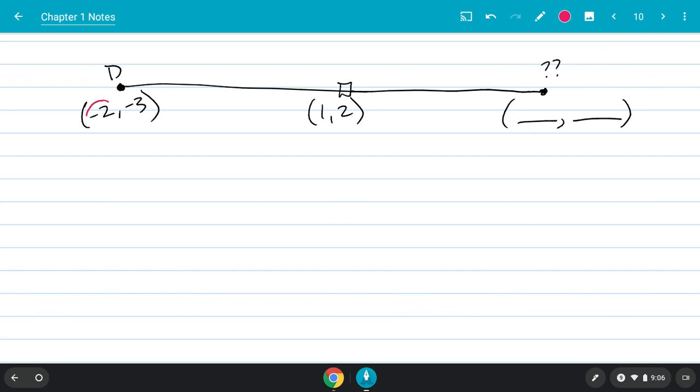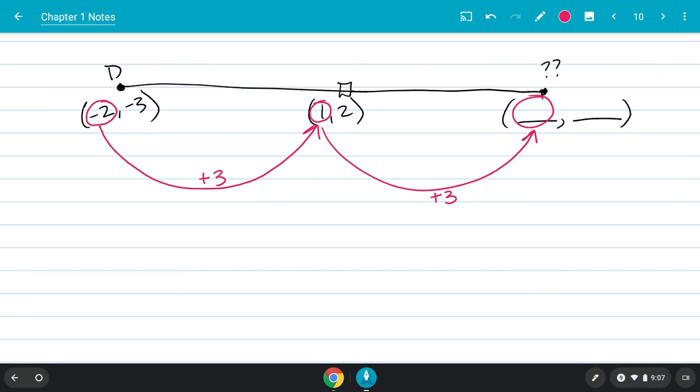From here to here, did we go up or down? Well, we went from a negative to a positive. If you want to try this method on your own, stop the video. Okay, so from -2 to 1, from -2 to 0 is 2. And then 0 to 1 is 1. That means that's a total of 3. We went up 3. Well, if that's halfway, we need to do that again.